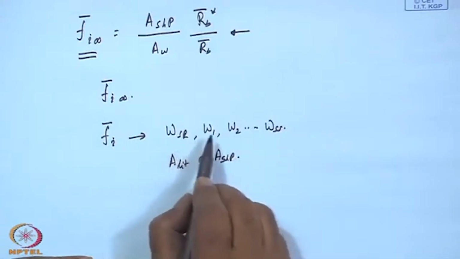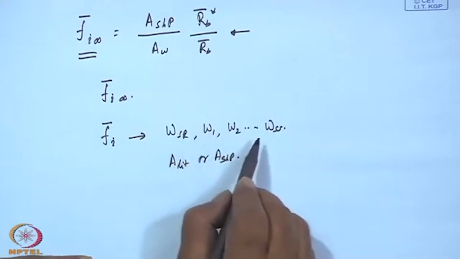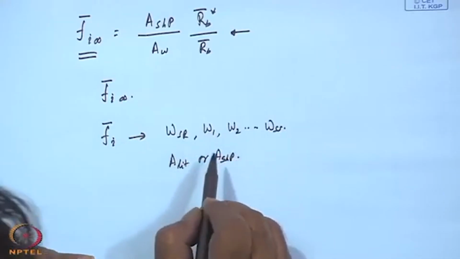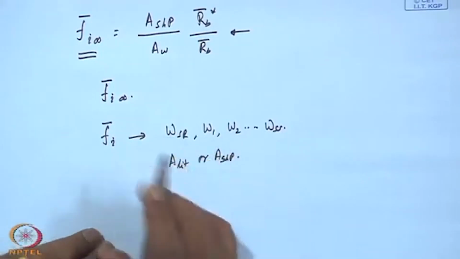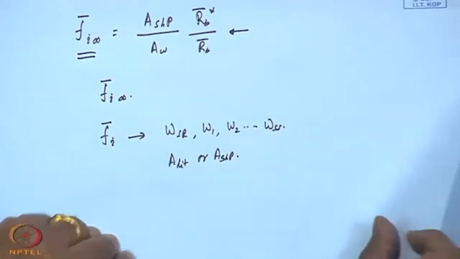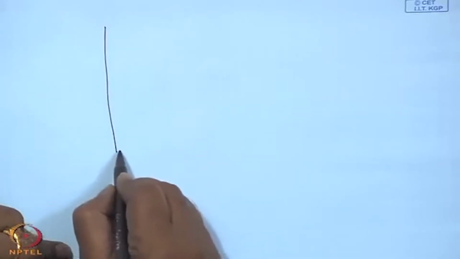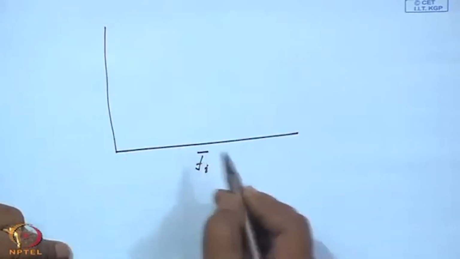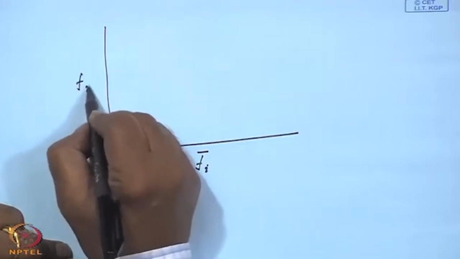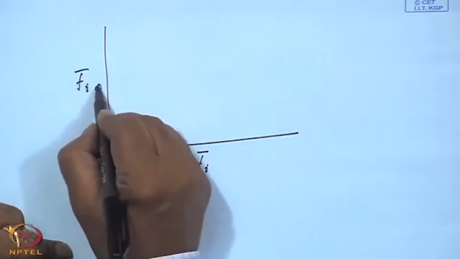It will depend upon the shape of the shadow on the window. So, this is a little tricky business. So, what people have done, particularly the work at IIT Kharagpur, is calculate numerically this Fi bar versus Fi bar infinity.